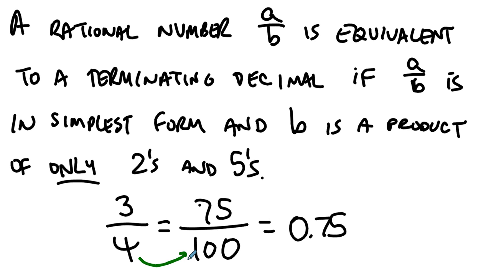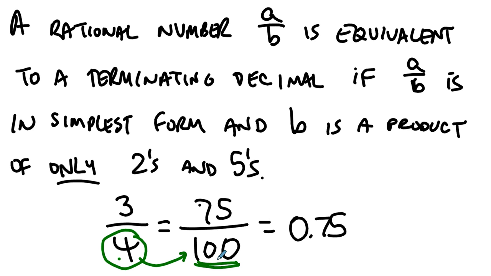In order to scale up to 100, or 1,000 or 10,000 or whatever, these are powers of 10. Powers of 10 are only 2s and 5s. If this isn't made up of 2s and 5s, we can't scale it up. If there's a random 3 down here, or a random 7 down here, or a random 11 down here, we can't scale that up to 100 because we can't undo the 11-ness of it or the 3-ness of it.